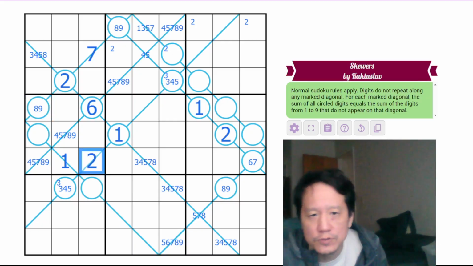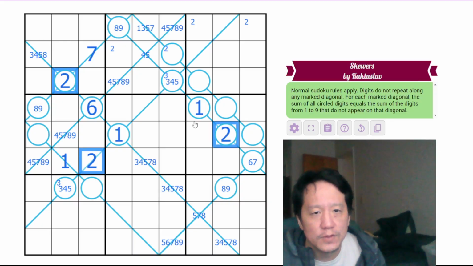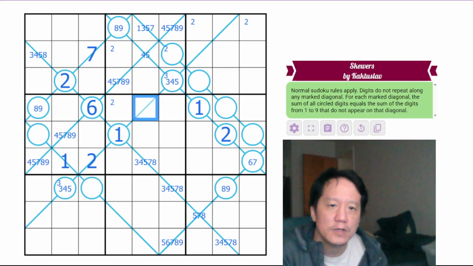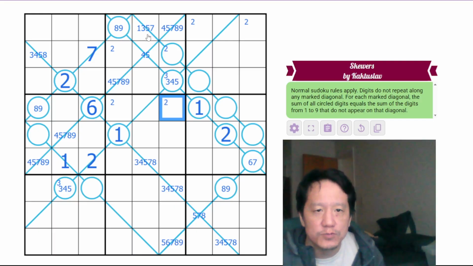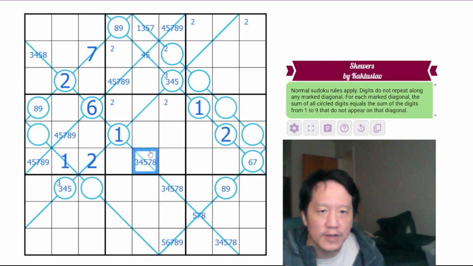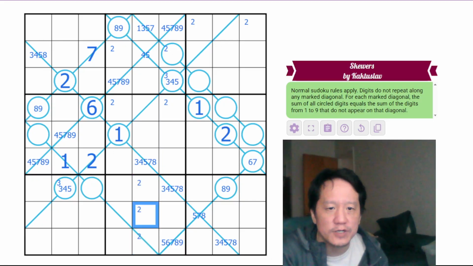So that's 2. 2 has to be one of these 2 here in row 4, which means where is 2 in column 5? Can't be here because 2's in the boxes have to be here and here. So then 2 has to be one of these 3.